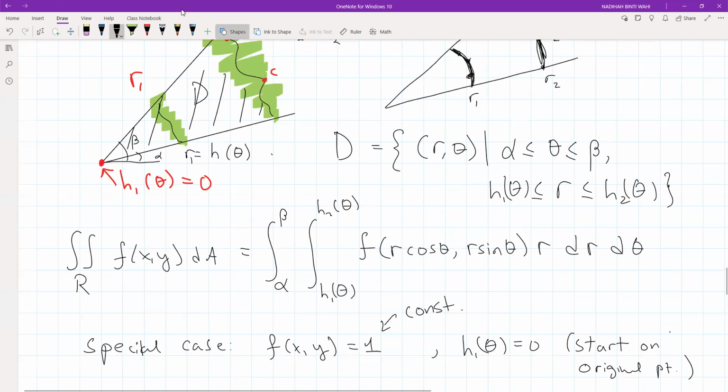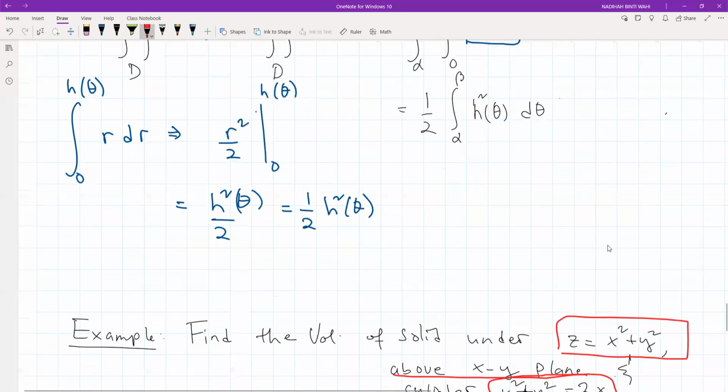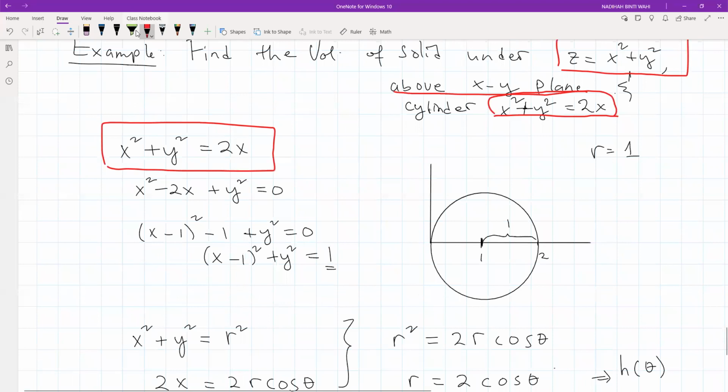So in this case, kalau awak tengok balik region dia yang di sini. H1 is 0. Sebab apa 0 H1? Because if you see that this one is H1 of theta, and then this line is H2 of theta.